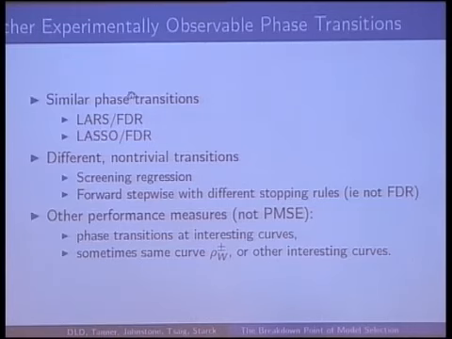And you observe that there are phase transitions for other algorithms, there's phase transitions for other properties, and there's so much that one could say about this that I've had to brutally select, and I'll have to omit many of them. But for example, if we did forward stepwise regression and changed the stopping rule, we could get phase transitions that just wouldn't be at the same place, and in general they'd be lower.